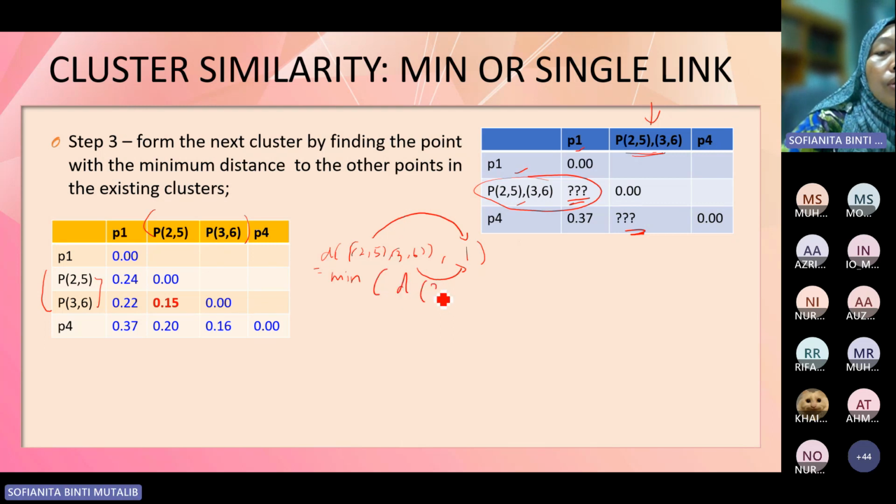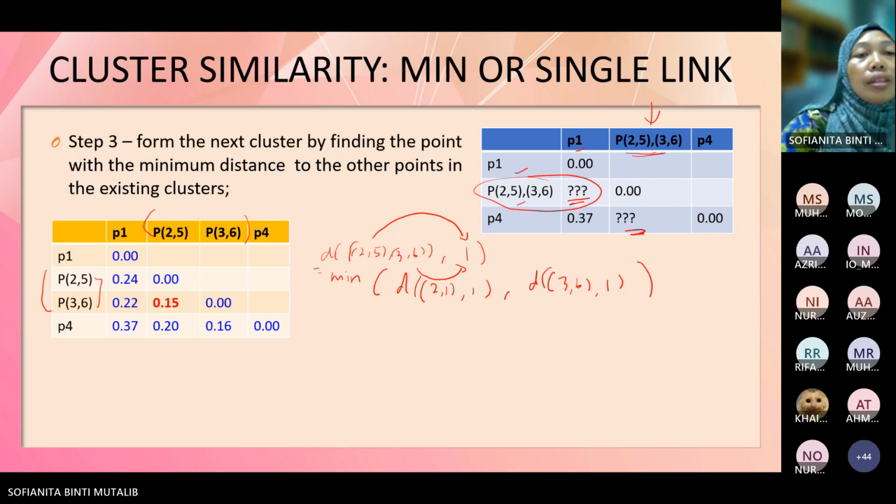Distance of 2, 5, 2, 1. And then distance of 3, 6, and 1. Okay, here and 1. Sorry, here and here.